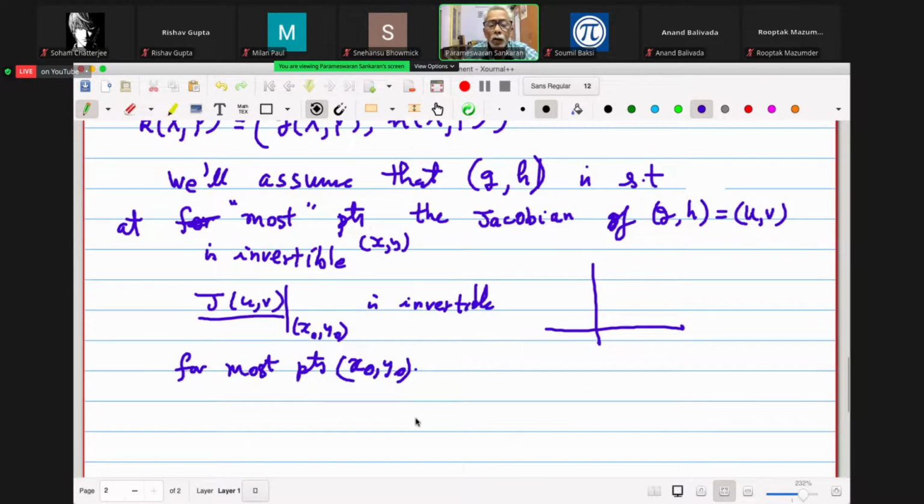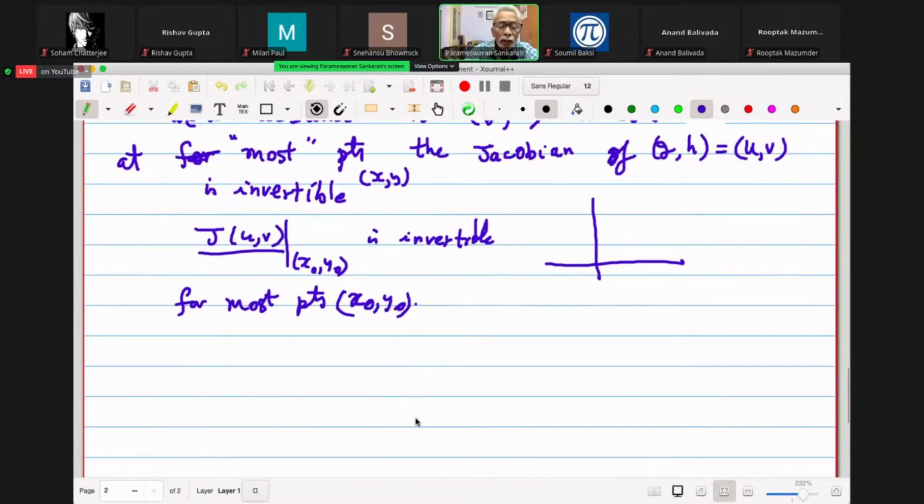Now what we want to do is understand the distribution function. In this case, we want to express the density function. So under this assumption, let me make this statement.